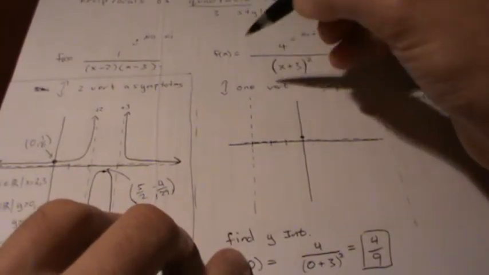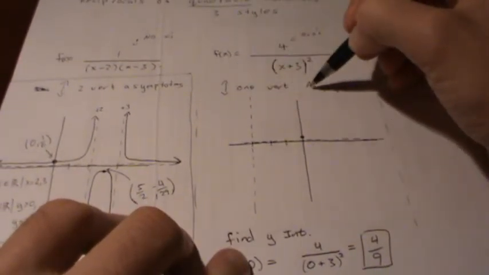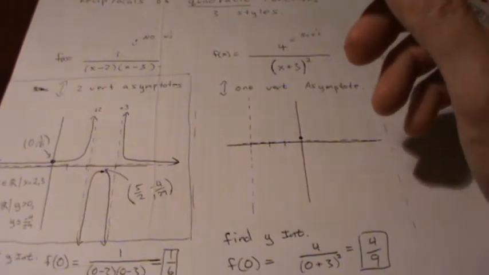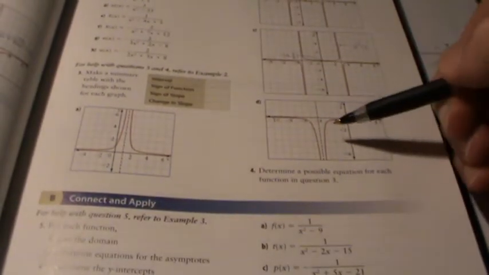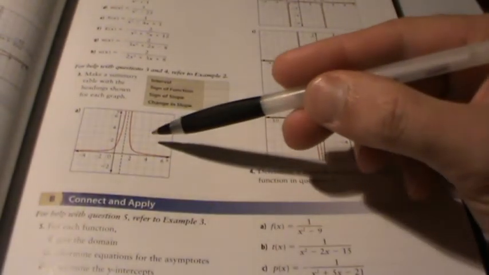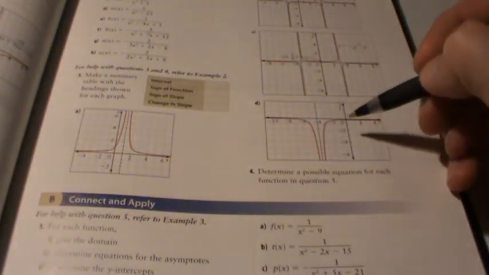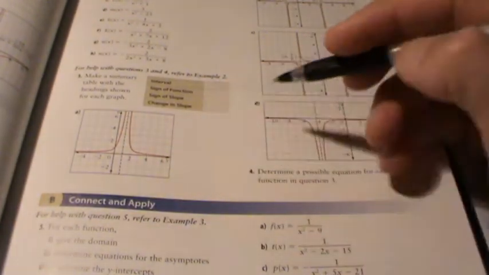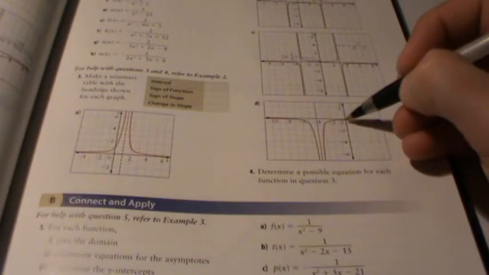And now these ones that have one vertical asymptote always tend to look like either, I'll show you in the book, they either look like this or they look like that. And you can tell whether or not it's this one or that one based on where the y-intercept is. So in this one, you clearly have a negative y-intercept.